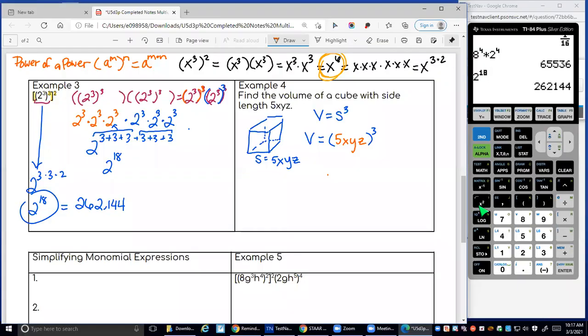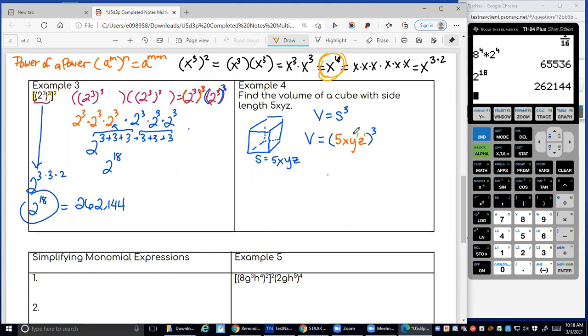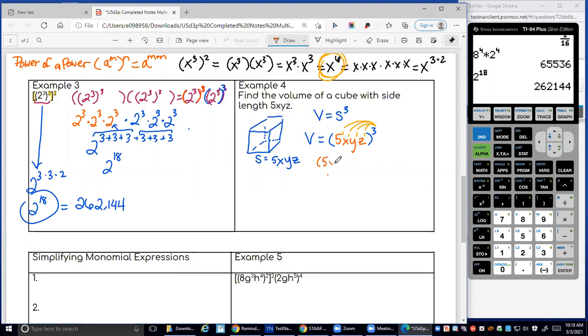All right, ladies and gentlemen, so if we're applying the rule, make sure that you have your little ninja exponent right here, right? You're basically distributing and multiplying it times each and every exponent, including the coefficient. Because if I had written this out, it would look like 5xyz times 5xyz times 5xyz.